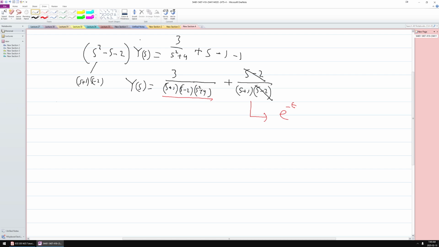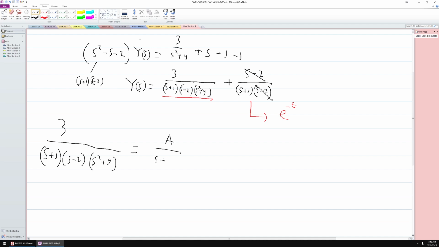So here's where I just do my partial fractions. So I get 3 over s plus 1, s minus 2, s squared plus 9. And the ansatz I want to use is going to be the one that's compatible with my table, so I don't have to do any post-processing.